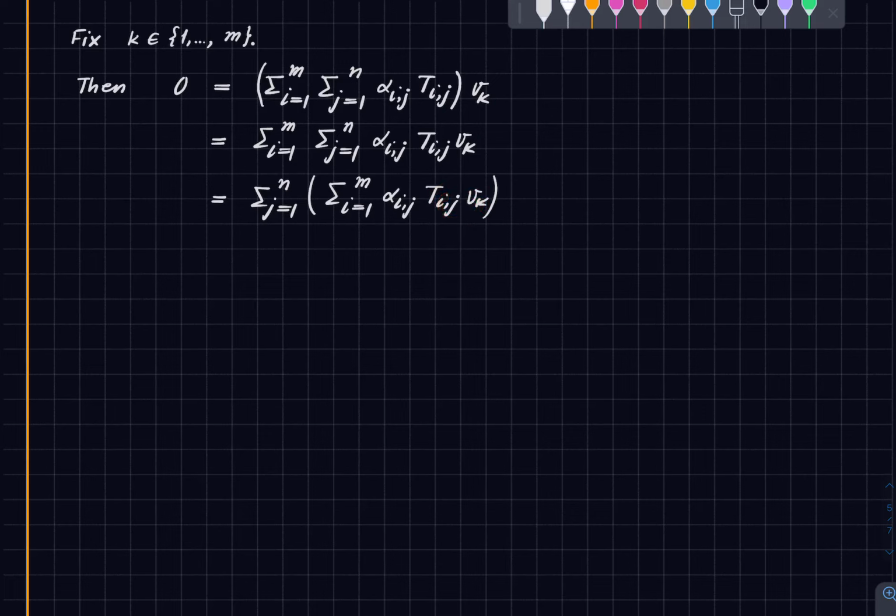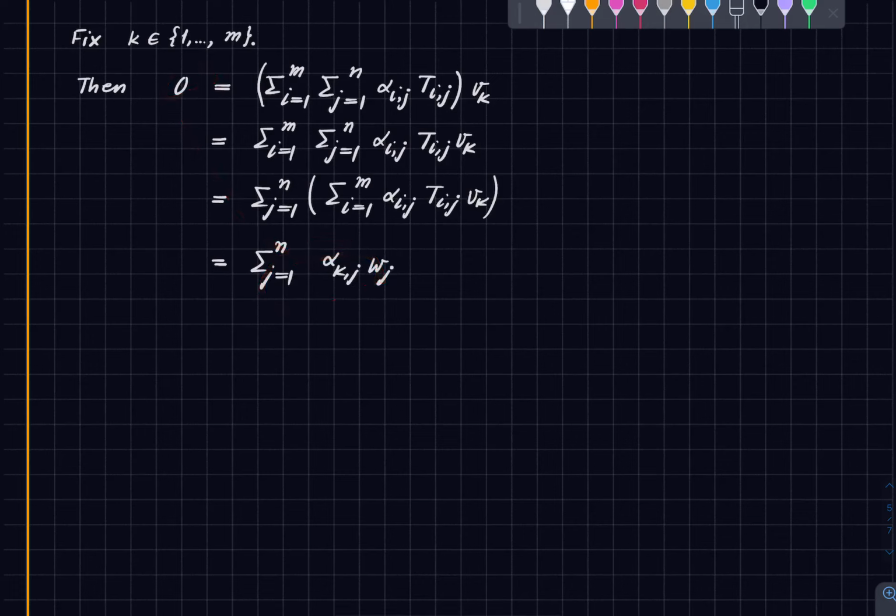So this summation is nothing but alpha kj wj. That's what it is. And this is 0. Well, this thing is 0.